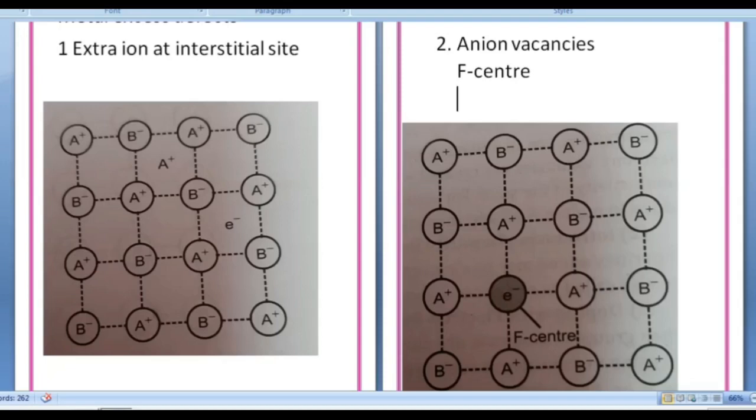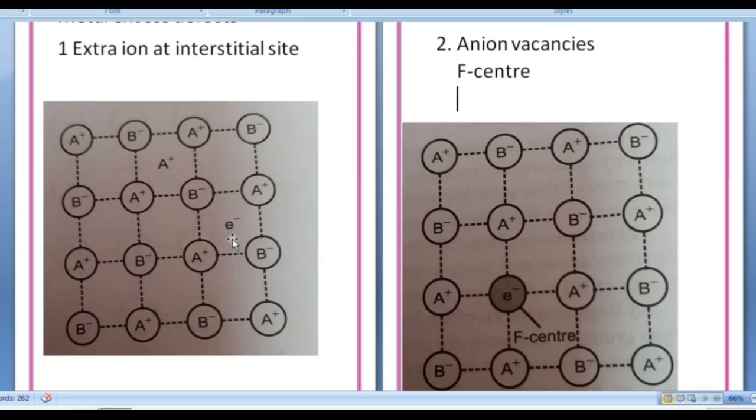Now here what happens is that because the crystal should remain neutral, that extra cation is balanced by an extra electron in the interstitial site. So the crystal is electrically neutral.